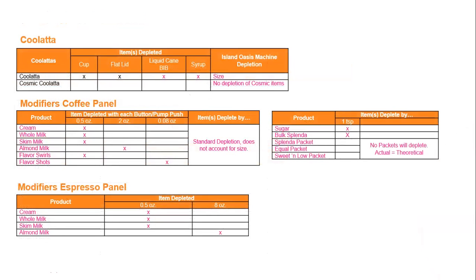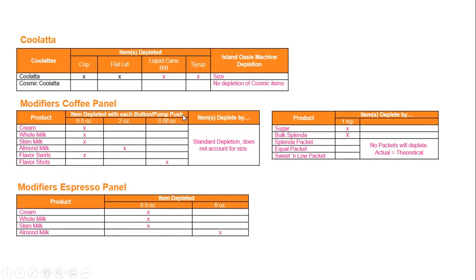Now, as you get into some of the other items here, we also have the depletions by Coulada. When you look at this coffee panel here, this is probably going to be the one that you're most interested in. When you're looking at cream, whole milk, flavor swirls, flavor shots, they're depleted with each button, pump, or push, as you can see here on the screen.